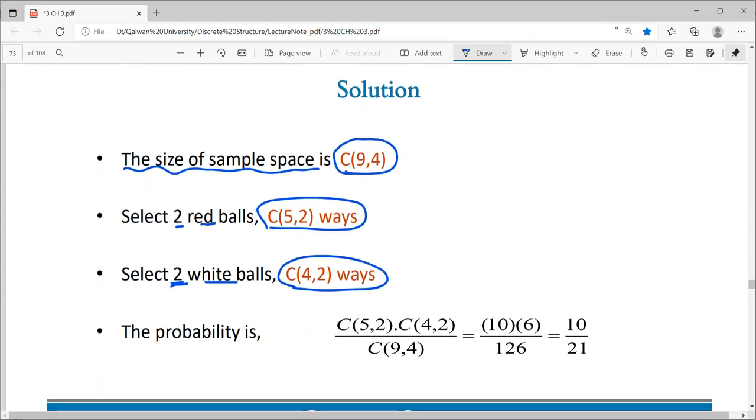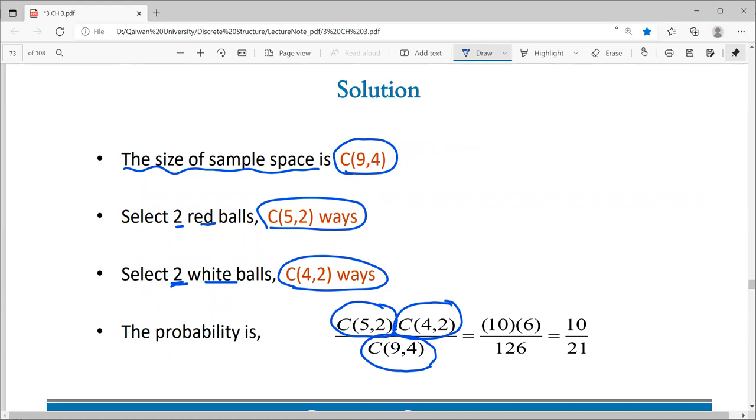Here we have this number of ways for selecting 2 red balls and 2 white balls. The probability of taking 2 red balls and 2 white balls from 5 red balls and 4 white balls is the combination of 5 and 2 multiplying by combination of 4 and 2 dividing by combination of 9 and 4.